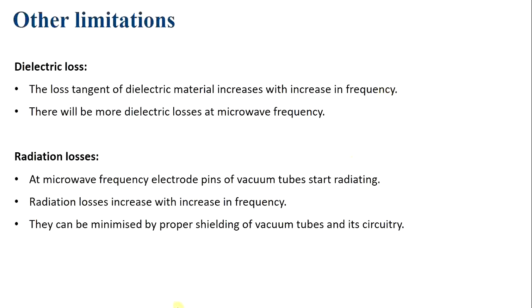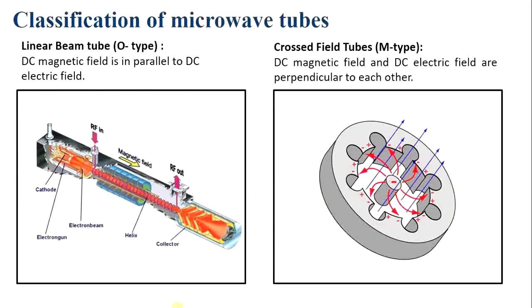Now we will see the classification of the microwave tubes. The microwave tubes are classified into two types, that is the linear beam tubes and the cross field tubes. In linear beam tubes, the DC magnetic field is parallel with the DC electric field, and the direction of the beam motion is aligned with the fields.